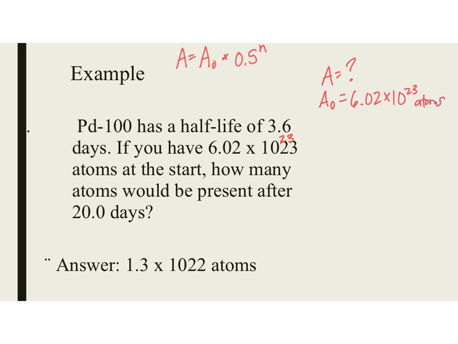So that's how much we are starting with. And then it is telling me that the half-life is 3.6 days, and it's telling us that 20 days have passed. So that's our total time.